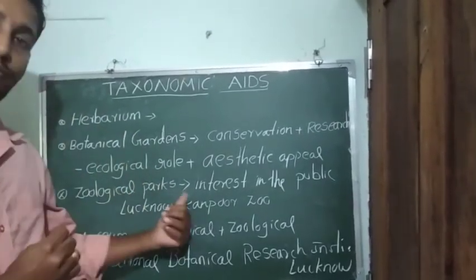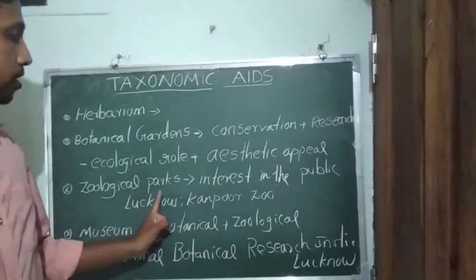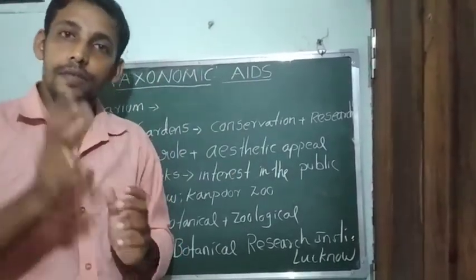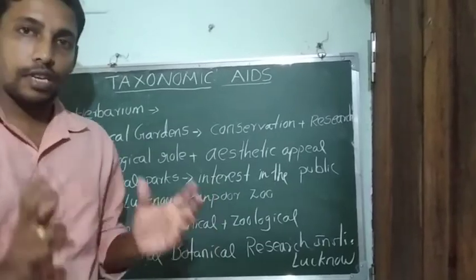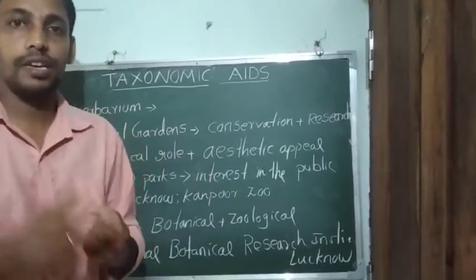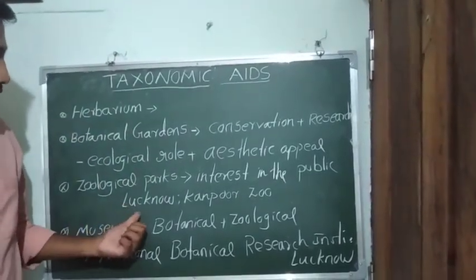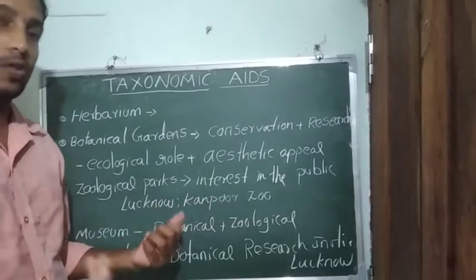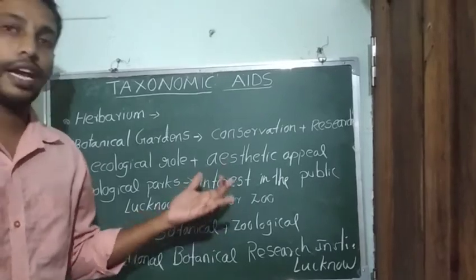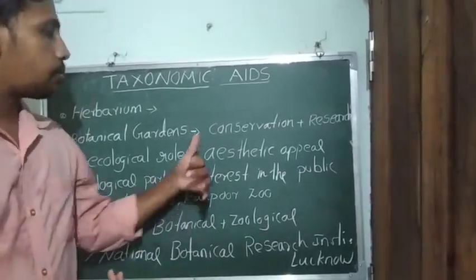This type of zoological park develops an interest in the public about wild animals. The Lucknow and Kanpur zoos are very important zoos in India, and endangered species of animals can also be conserved in zoological parks.